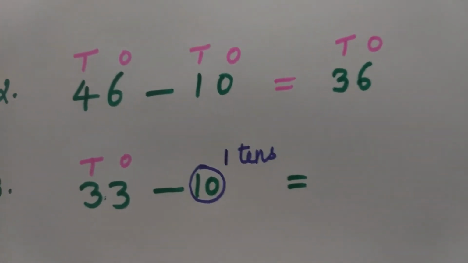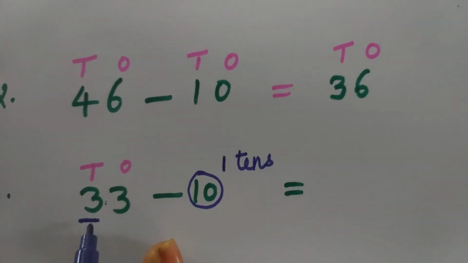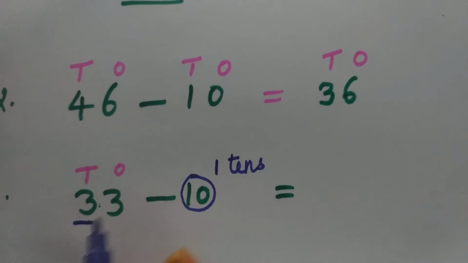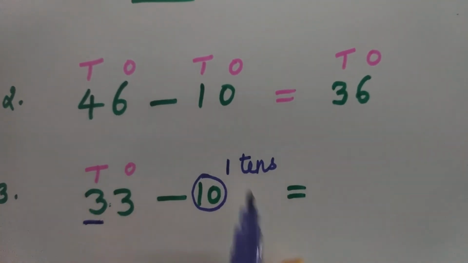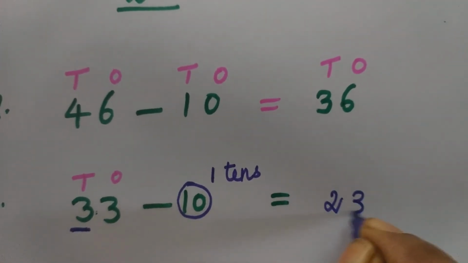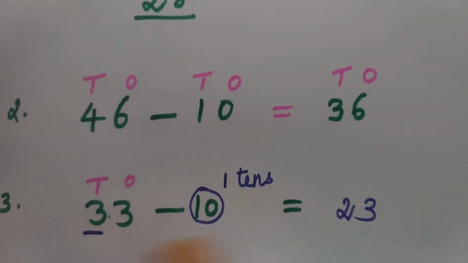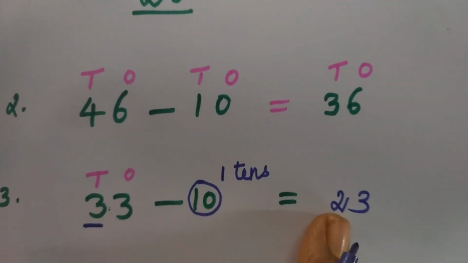In tens place, what do we have? 3 tens. Minus 10 means that 1/10. So we are subtracting this 1/10 from this number 3. So 3 minus 1, 2. Okay, so 23 is the answer. In ones place, the same number only will be coming. In tens place alone, one number you want to subtract and you want to write the answer.